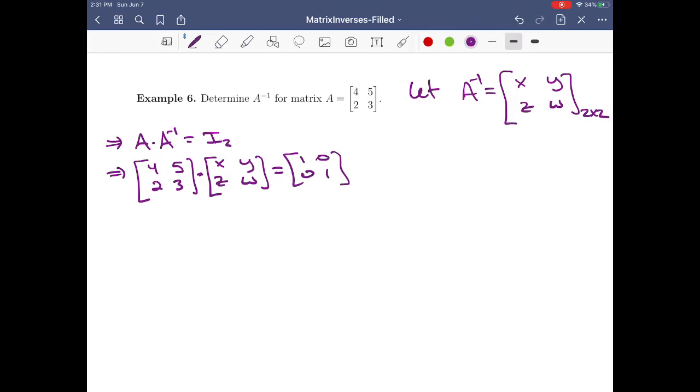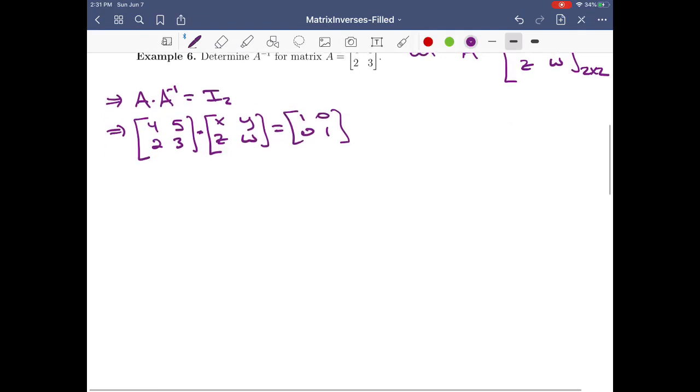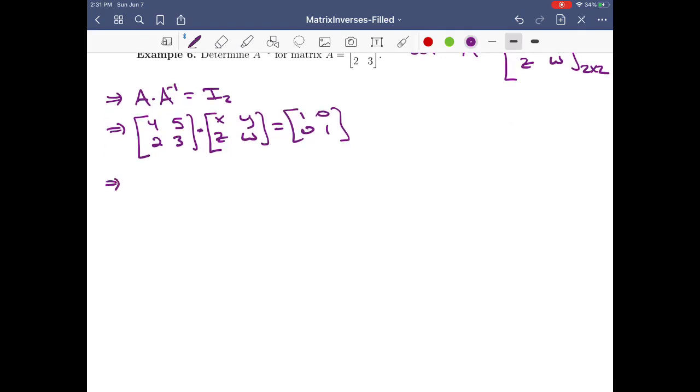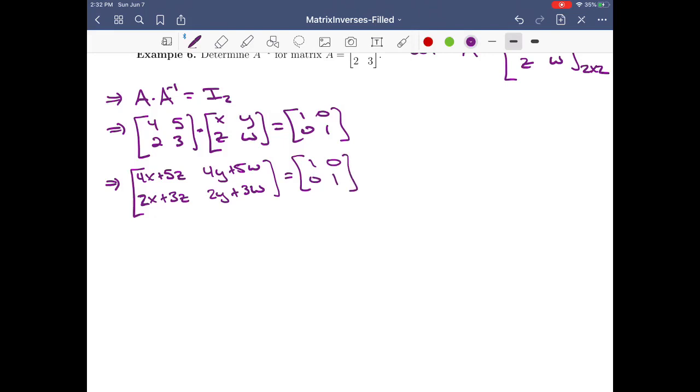If we simplify the multiplication, row 1 times column 1 is going to be 4x plus 5z. Row 1 times column 2 is going to be 4y plus 5w. Row 2 times column 1 is going to be 2x plus 3z. And then I'm going to have 2y plus 3w. And that should be equal to this identity matrix.